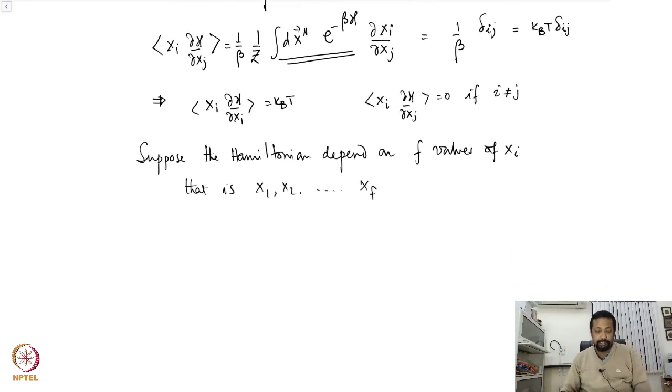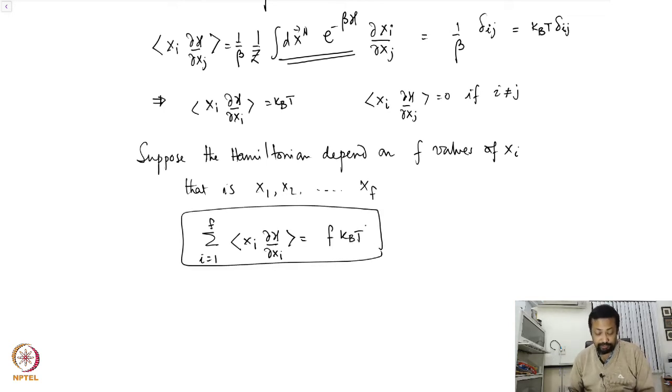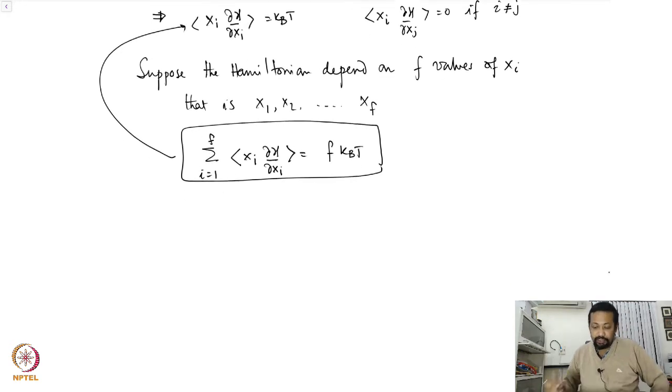Then it means that the sum over i equal to 1 to f of xi del h del xi is equal to f times kBT. This particular expression follows from the one that we have written down over here.